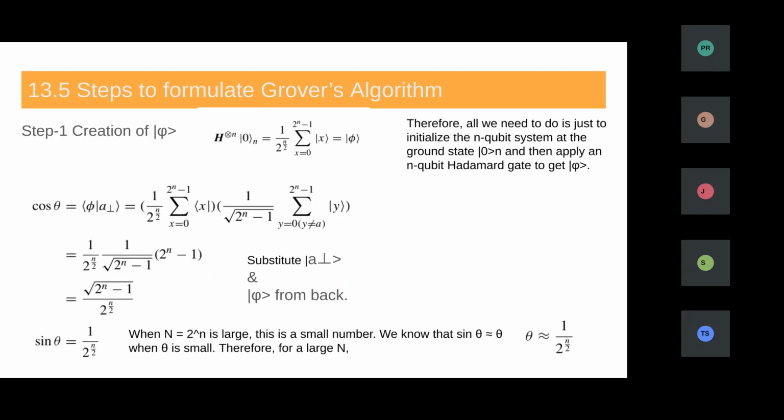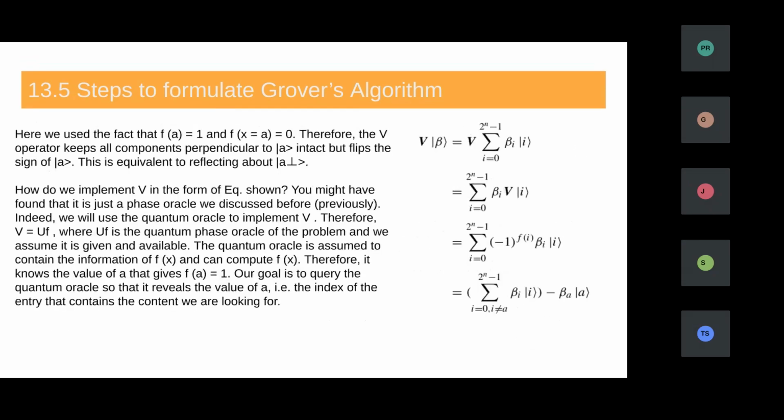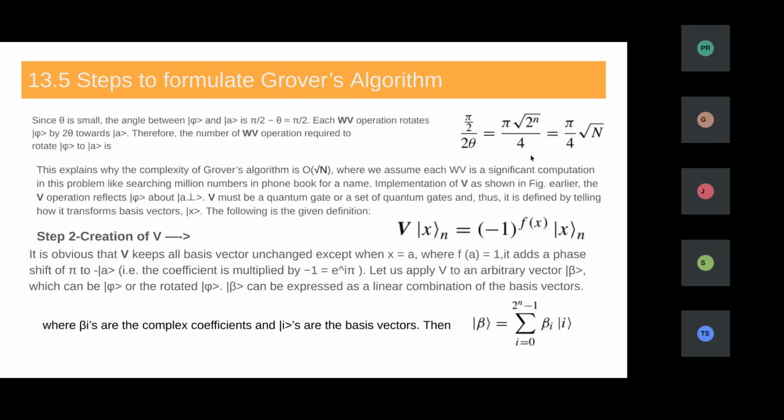We know that theta is equal to 1 by 2 to the power n by 2 here, and so all the substitution leads to nothing but cancellation, and we get pi by 4 root n, maybe pi by root 2n, 2 raised to n by 4. So this explains why the complexity of Grover is order root n.